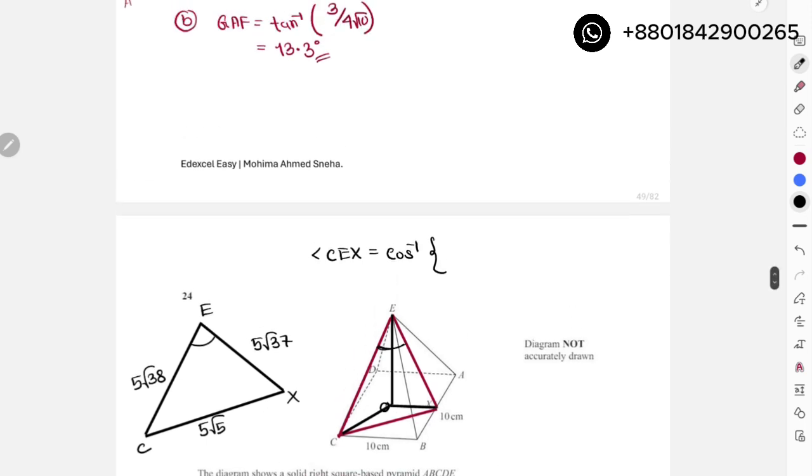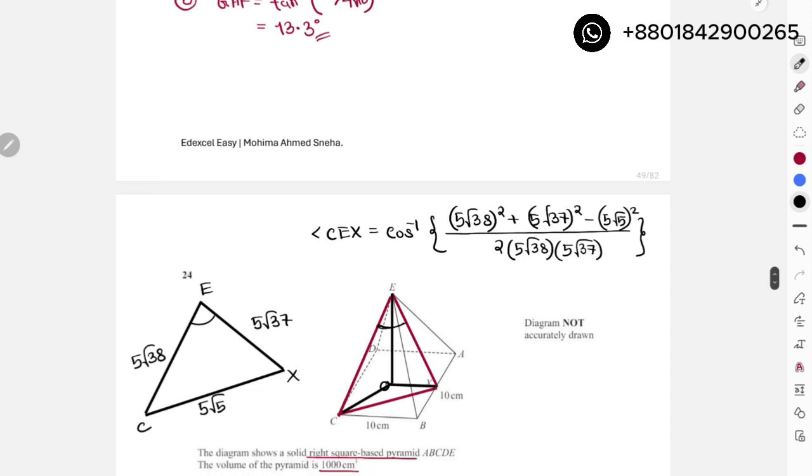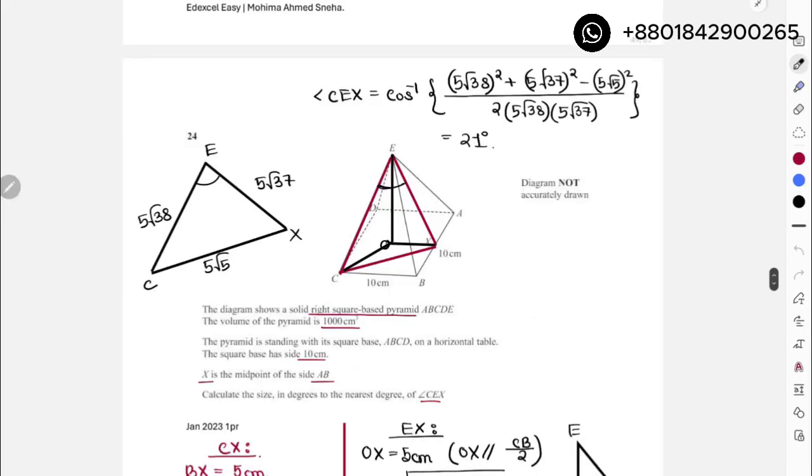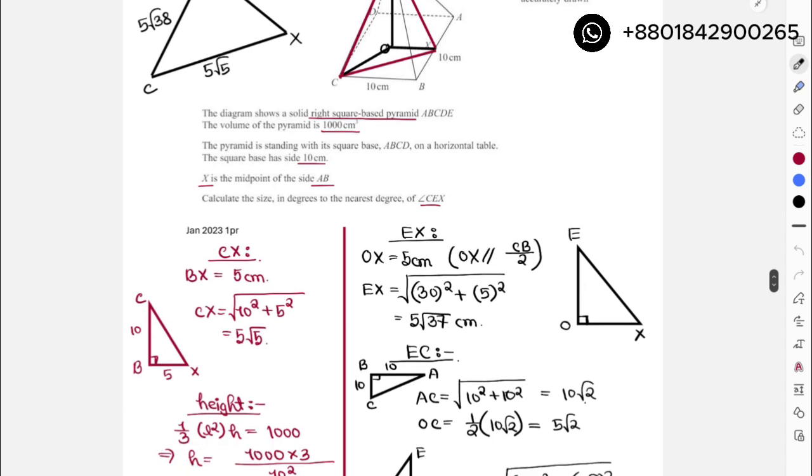Over here in the opposite you have 5 root 5, so you'll just have 5 root 38 whole square plus 5 root 37 whole square minus 5 root 5 whole square, divided by 2 times 5 root 38 and 5 root 37, and then if you calculate this, you're going to get the value as 21 degrees. Okay, moving on to the next question.